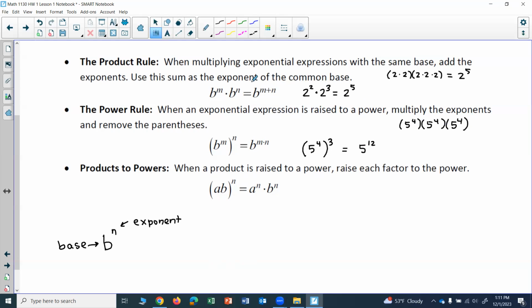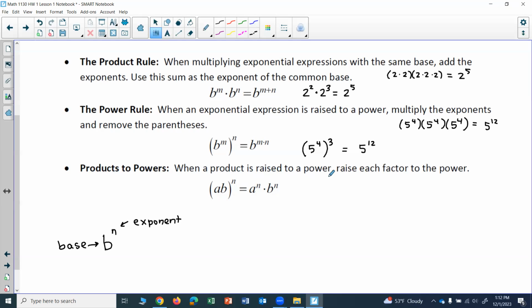And then I could use the rule that I showed you above, the product rule, and that would be 5 to the 4 plus 4 plus 4, which would give me 5 to the 12th power. So you can do it the long way, or you can use these exponent rules, which will shorten your amount of work.